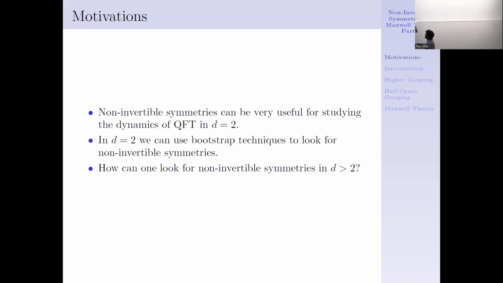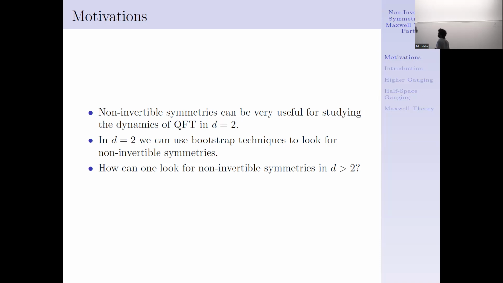So let me start with some motivation. Non-invertible symmetries are long known to exist in 2 dimensions, and they can be quite useful for constraining the dynamics of 2-dimensional TQFTs. In 2 dimensions, we look for non-invertible symmetries using bootstrap techniques.